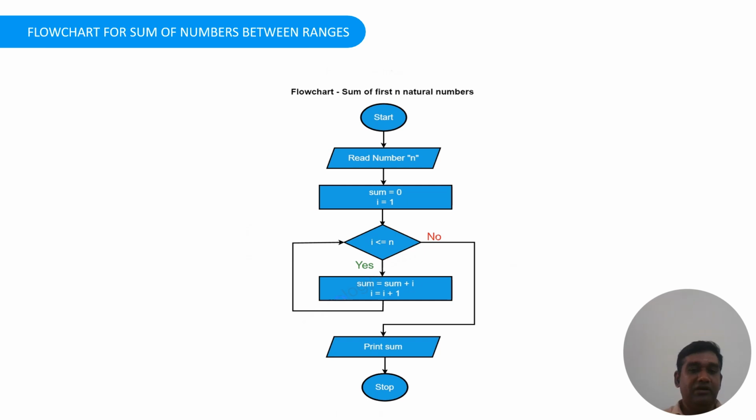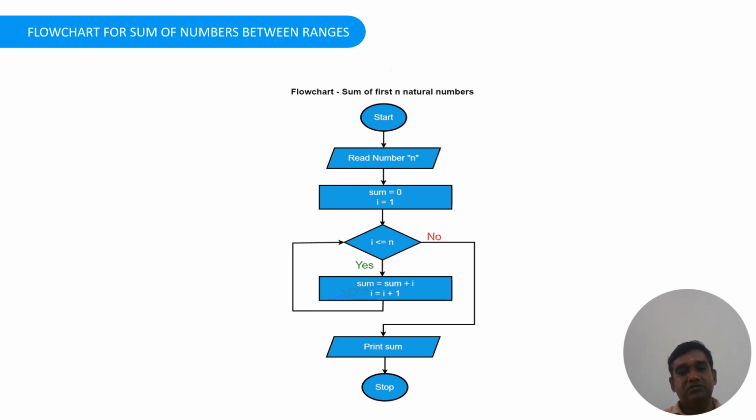and we are assigning the value of I as 1. If I is lesser than or equal to n, in the sense, if it is yes, we are adding the value of I with the sum, means sum equals sum plus I, and then we are incrementing the value of I. Again it is going into the loop and checking whether I is lesser than or equal to n.